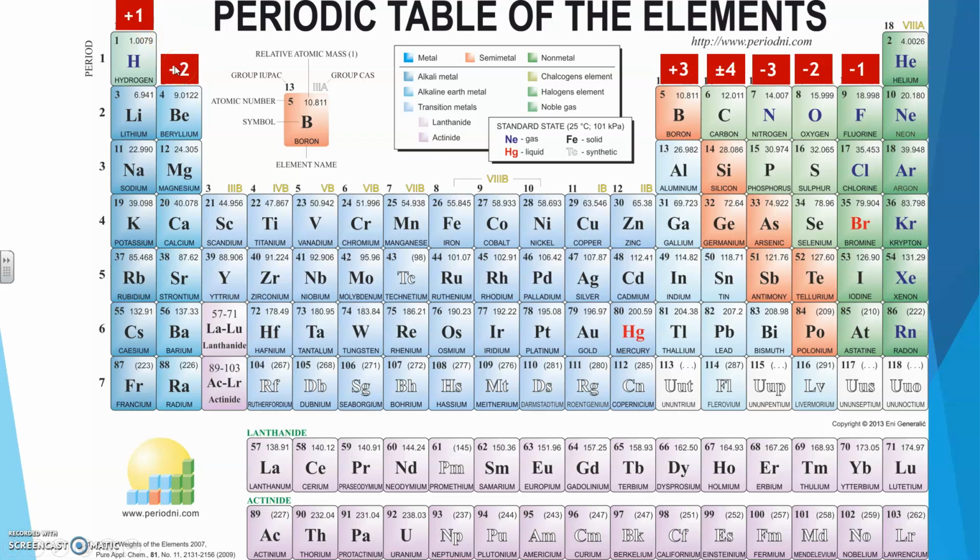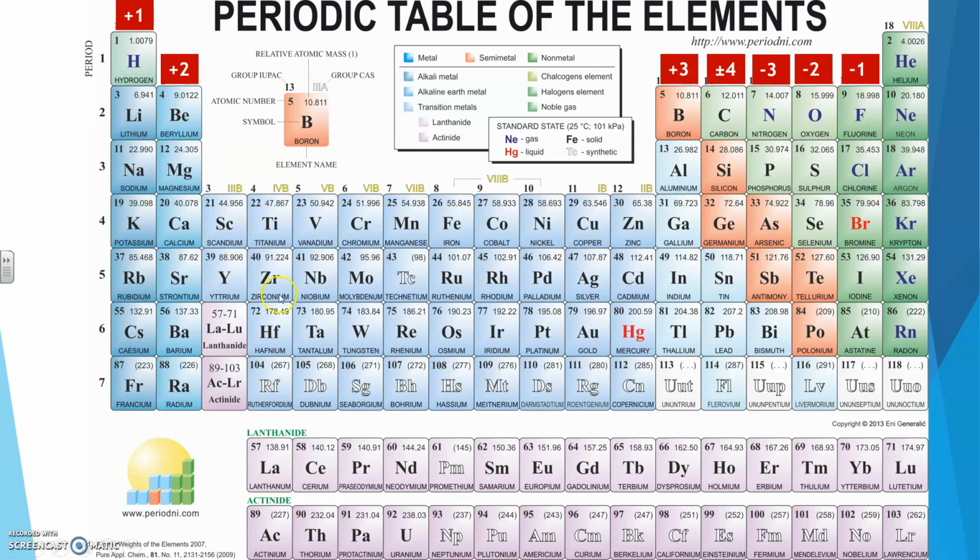Second group likes to form +2. Then you skip the transition metals, because they're so weird, and you go over to what is actually group 13, which has the +3 charge, and then carbon's group is ±4, nitrogen is -3, oxygen is -2, and fluorine is -1.